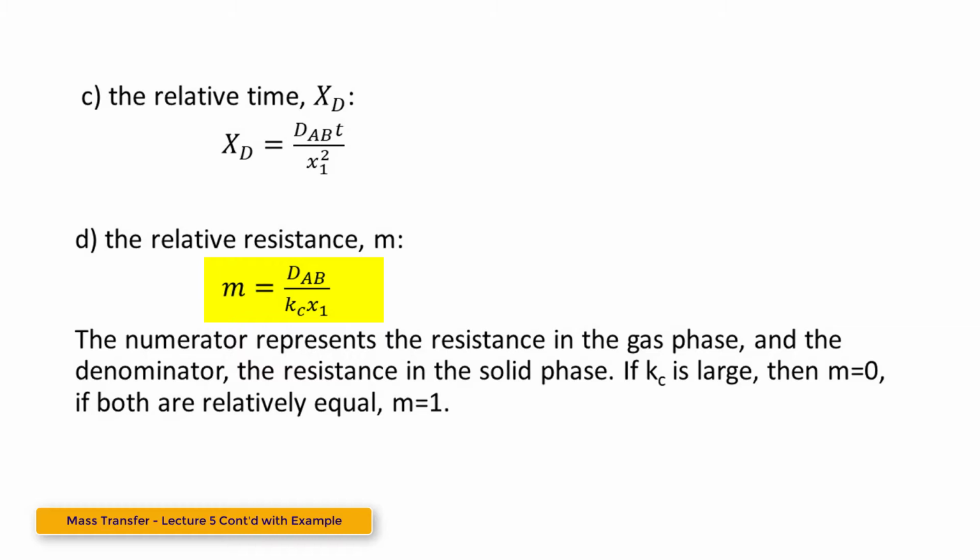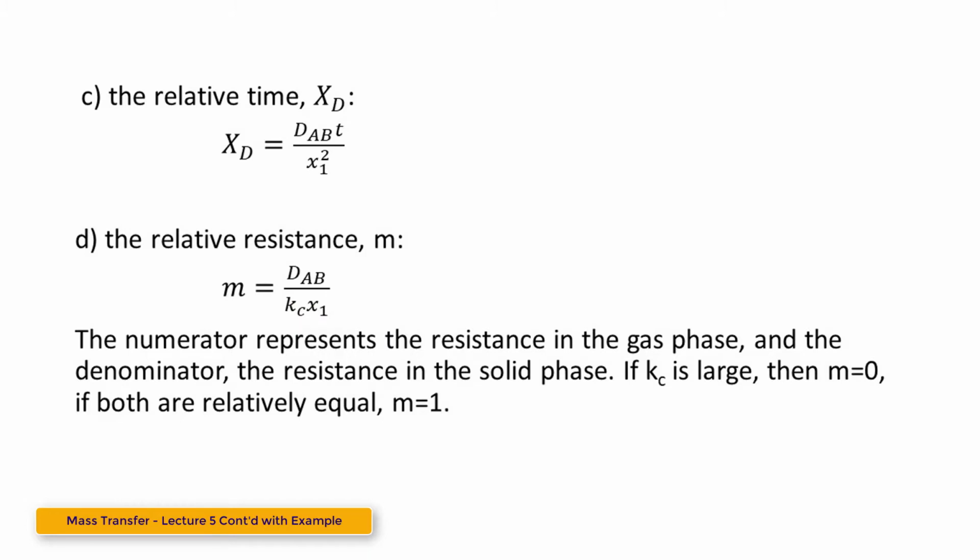The numerator is DAB, represents the resistance in the gas. Is it in the gas phase or the solid phase? 1 over Kc represents the resistance in the gas phase. Okay? So then the numerator represents the resistance in the solid phase. That's right, good. So 1 over DAB is the resistance in the solid phase.